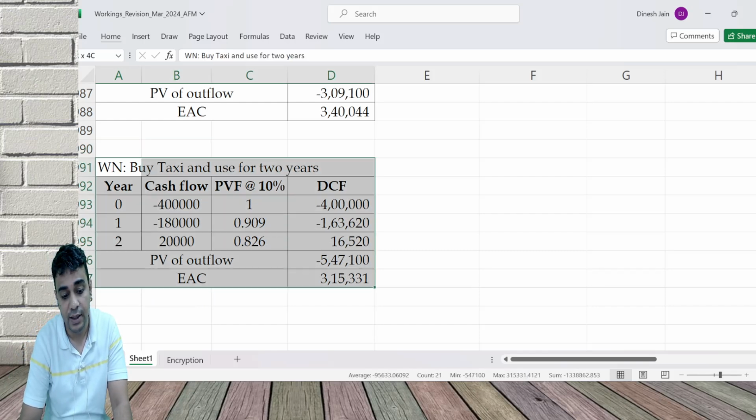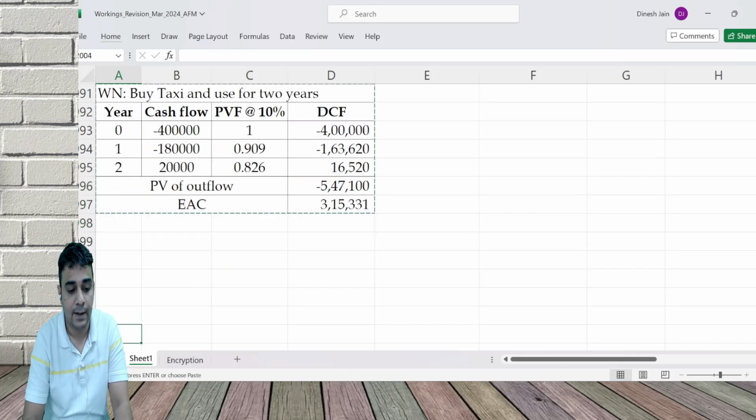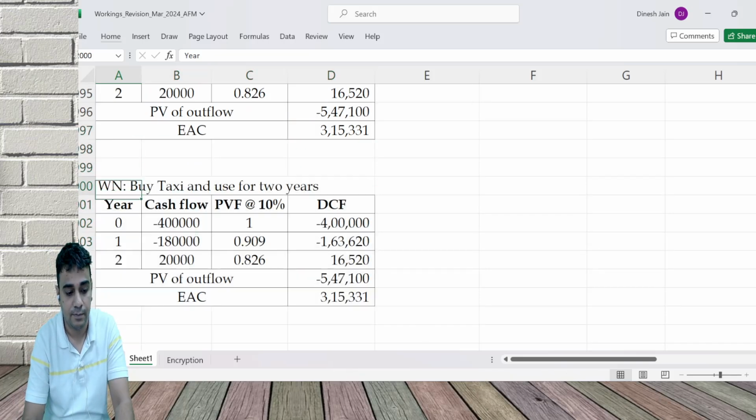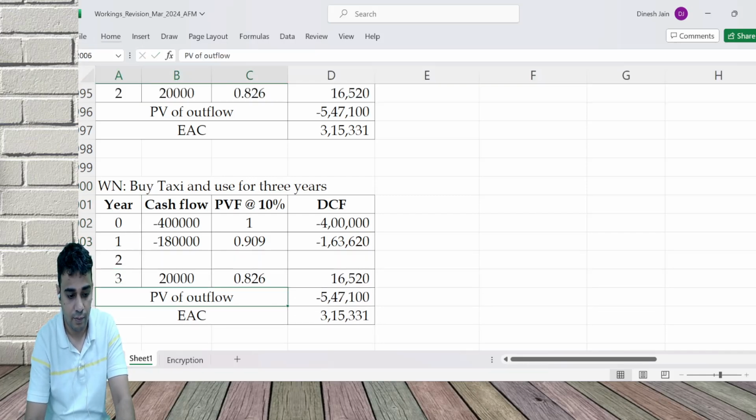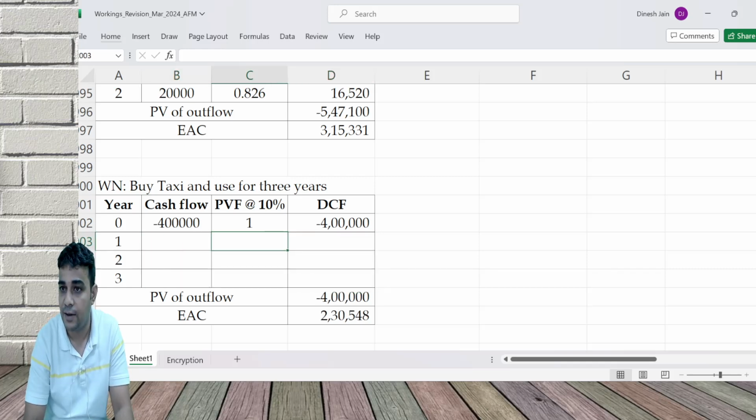This will give me the optimum life of the taxi. Third option is use it for 3 years. Again, you will buy, spend 4 lakh first.